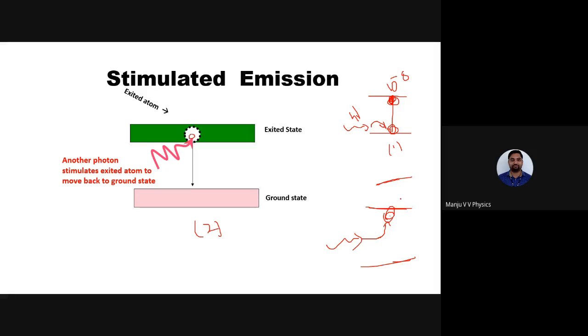So you have to pass an appropriate amount of energy such that it just disturbs that atom. This is called stimulated emission.